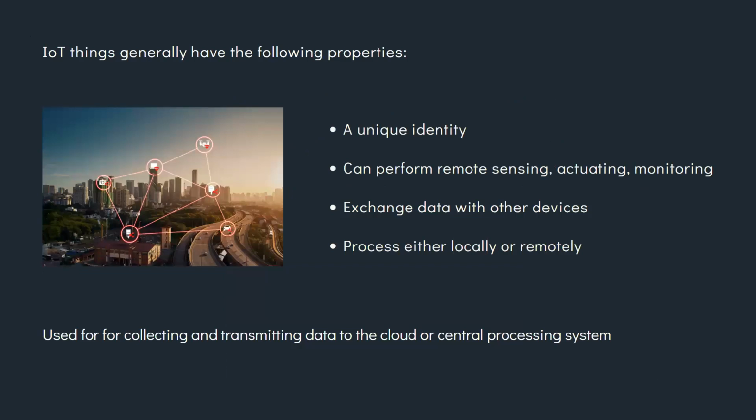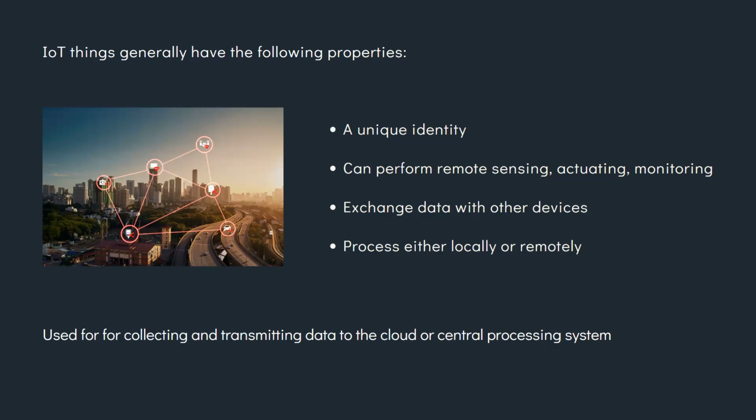So when we talk about IoT things, they will have properties like a unique identity, and they will be able to perform remote sensing, actuating, and monitoring. So what I mean is that they are able to do some sensing at the device level and take measurements of the environment.